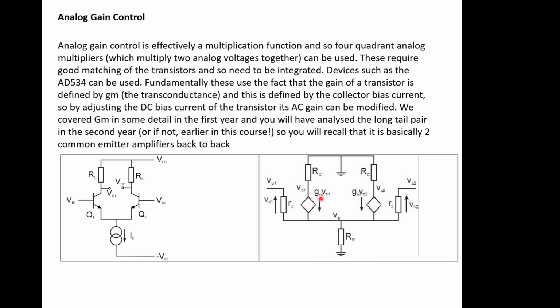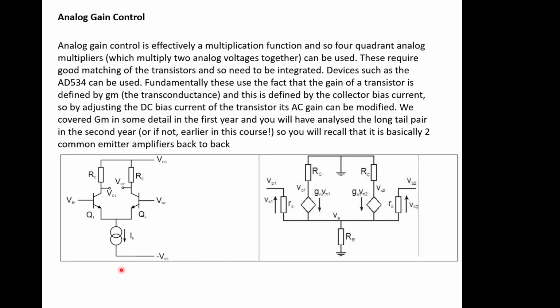And remember, gm is defined by the value of the bias current flowing through it. If you change the value of the bias current, which is normally defined by this current source down here, you change the value of gm, which changes the overall amplification factor of the amplifier. And that's the trick to it.